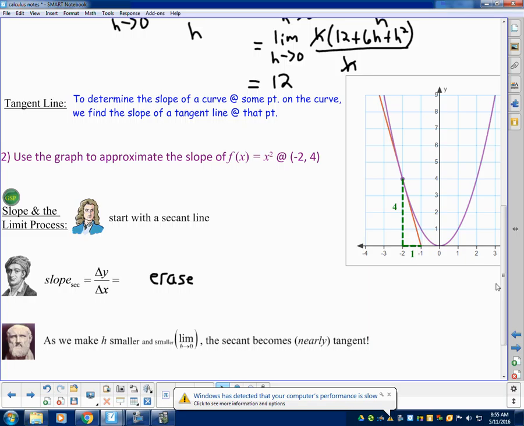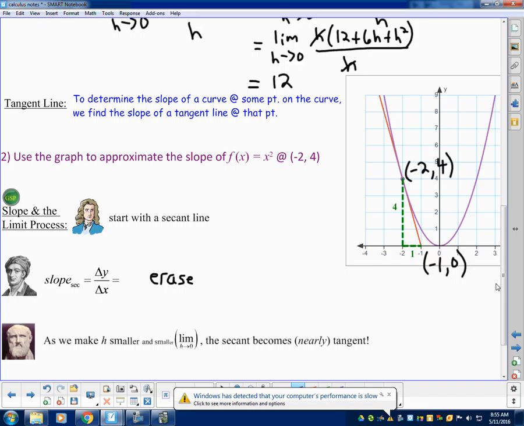Just using the red line that I've drawn, what points does the red line go through if you're going to approximate the slope? We know it goes through negative 2, 4, right? And it also looks like it goes through negative 1, 0 down here. So this would be an approximation, not the exact value of the slope of the tangent line like we could find with the difference quotient.